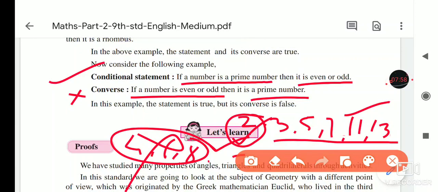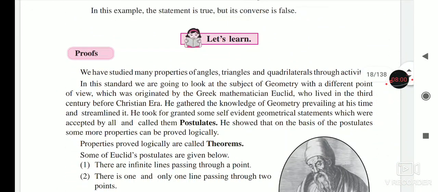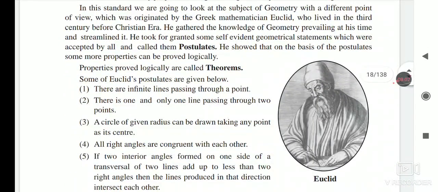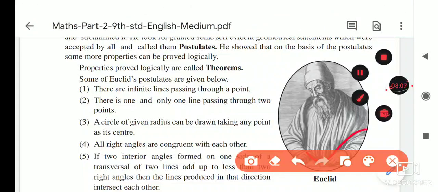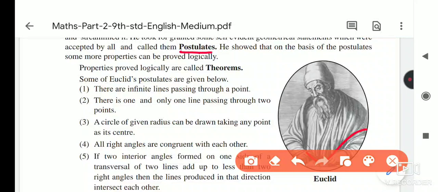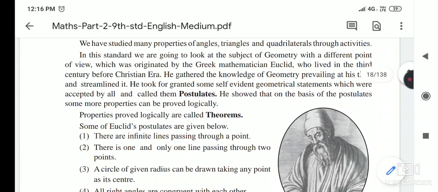Okay, now we will move towards the next part of the lesson, that is the proof. If you see in the picture, here is Euclid. He is a mathematician. He studied so many things of mathematics and he wrote some postulates. Now one by one we will study this.